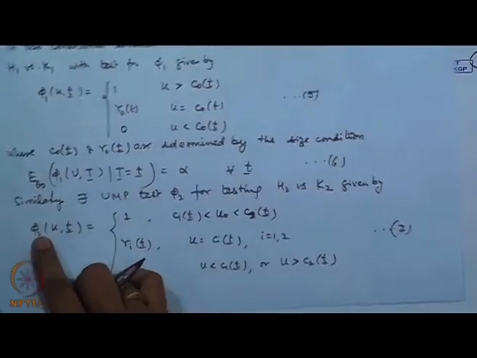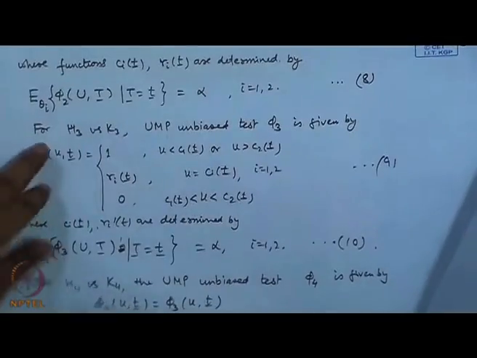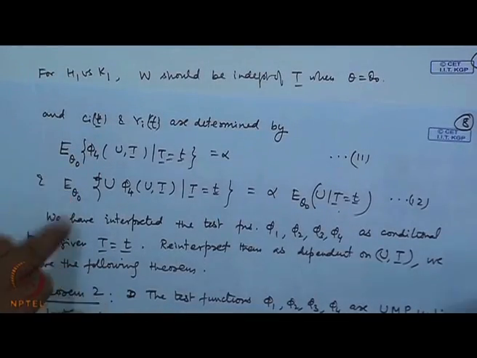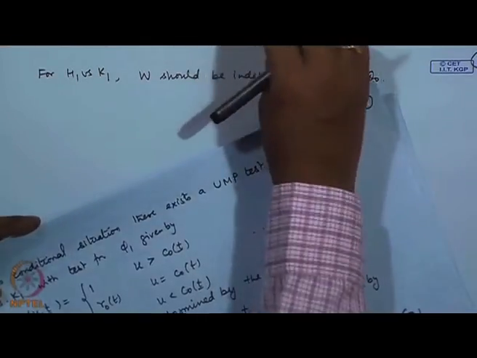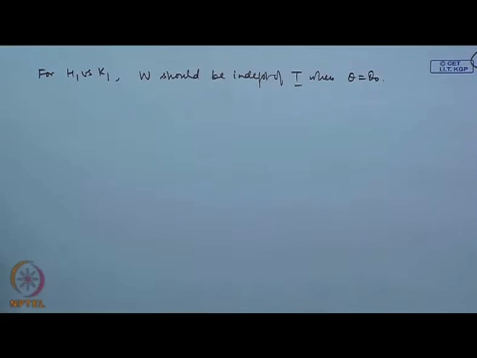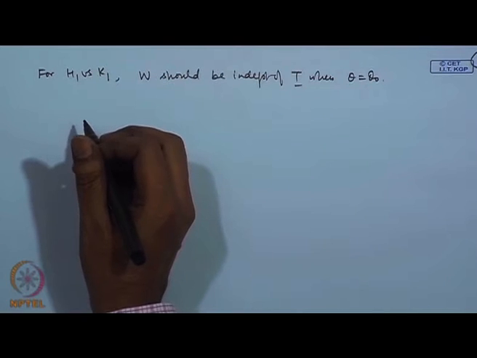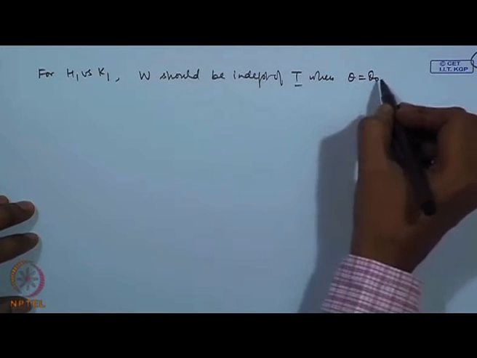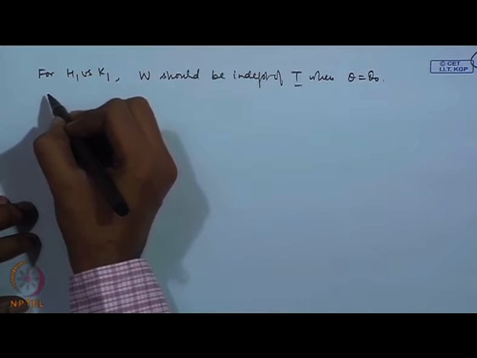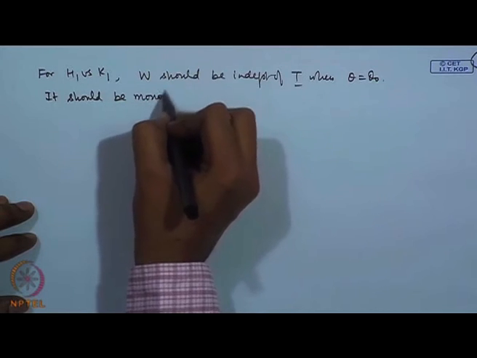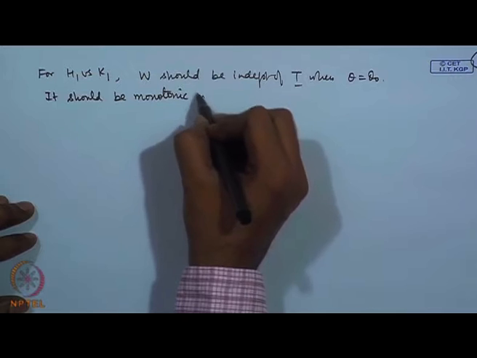Similarly, if you see phi 2 and phi 3, the condition is on theta 1 and theta 2, and similarly for H4 the condition is again on theta naught. So, we have to look at the independence of w from t at these points. So, w should be independent of t when theta is equal to theta naught. It should be monotonic in u.